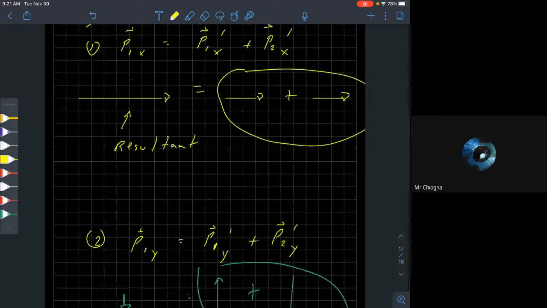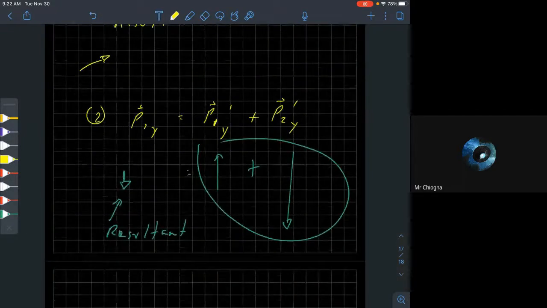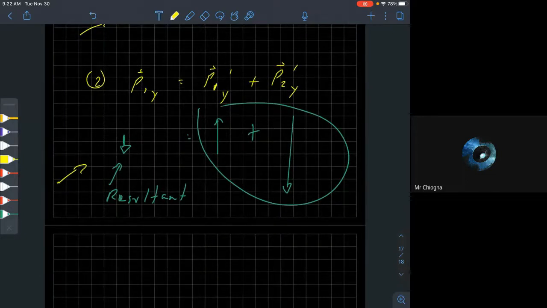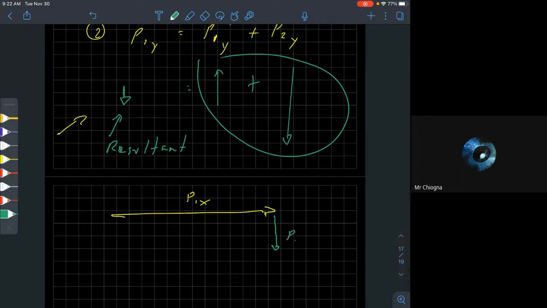Once you've broken these up into the two equations, then you end up with a P1x and a P1y. Now you can use the Pythagorean theorem at the very end, because these two vectors are perpendicular. That will give you what I've been calling P1.